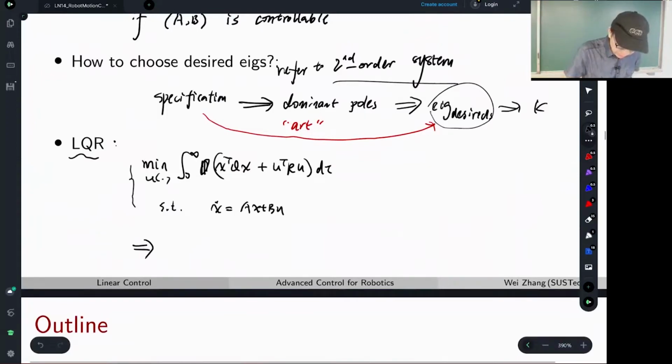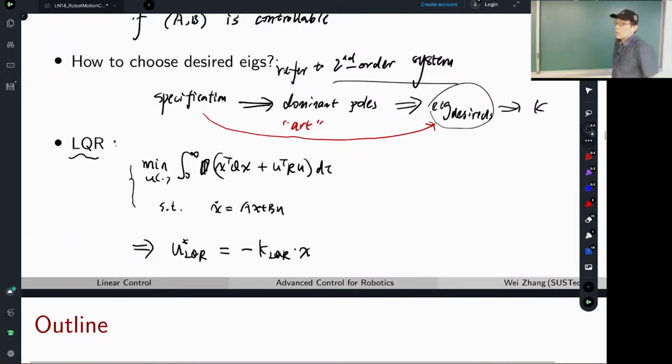So in this case, the LQR solution is a function, u equals negative K_LQR times x. And this K, again, is optimal, minimizing this quadratic cost function, right? And this can be computed. There are a lot of packages or MATLAB functions you can use to compute this LQR once you give the weighting matrices of state and control.